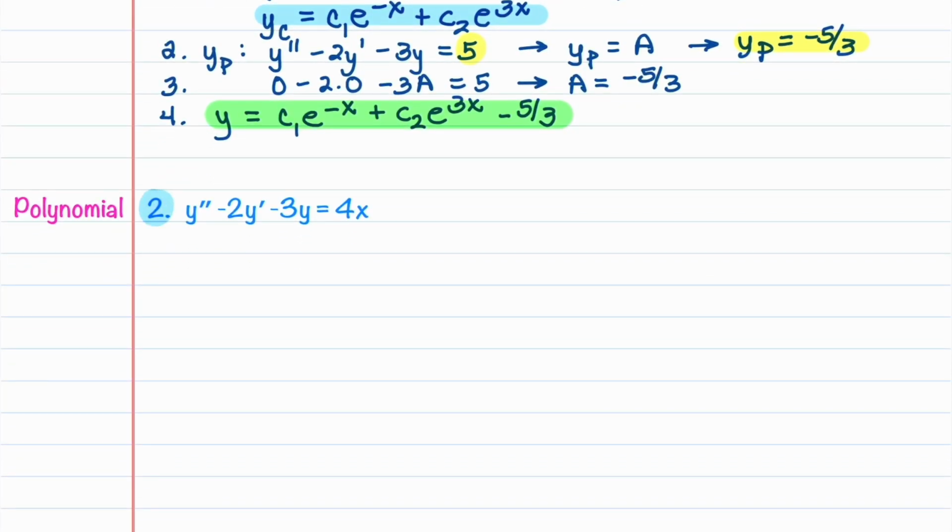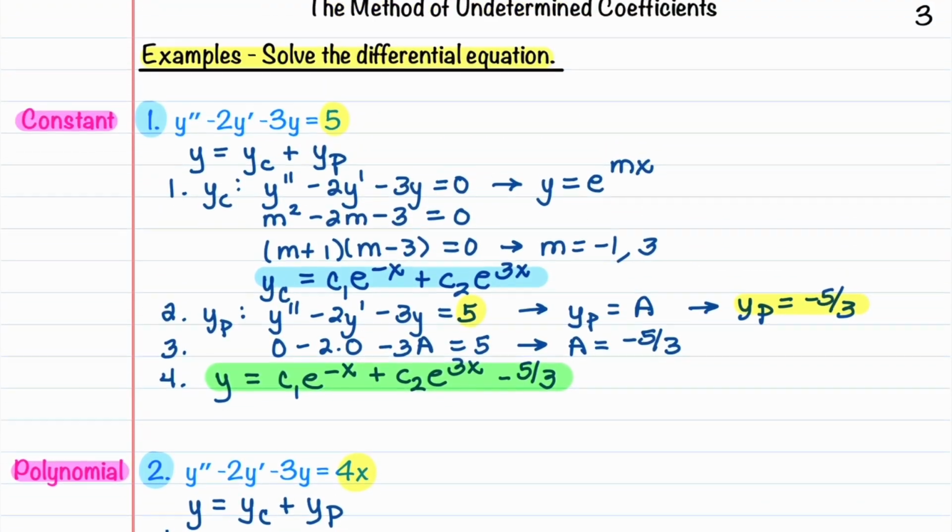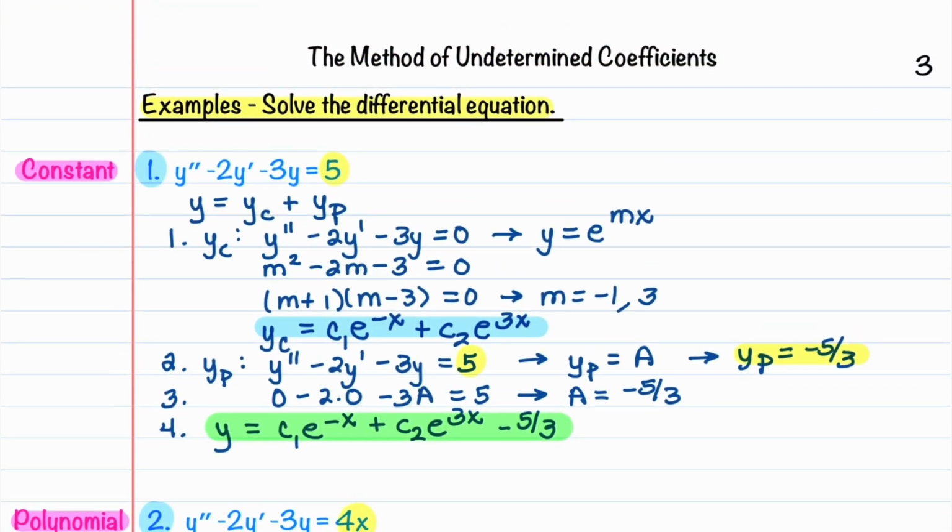Let's look at our second example. For our second example, our right-hand side for x is a polynomial. Our solution y is going to be y sub c plus y sub p. In step 1, we are going to find y sub c. Notice that the left-hand side is y double prime minus 2y prime minus 3y, and that's the same as our last example.